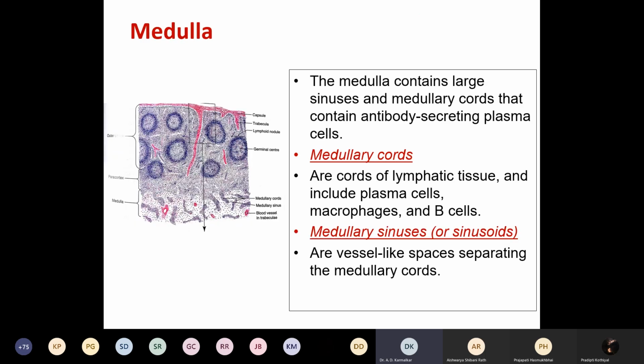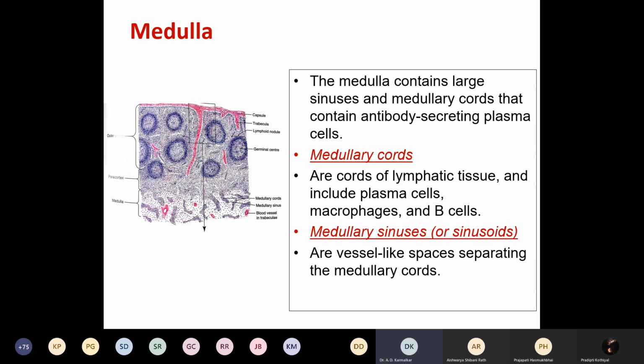The medulla. Remember, the cortex has lymphatic nodules where cells are densely arranged, but in the medulla the arrangement of the cells, along with the lymphocytes, plasma cells, macrophage cells and B lymphocytes, is in the form of cords.